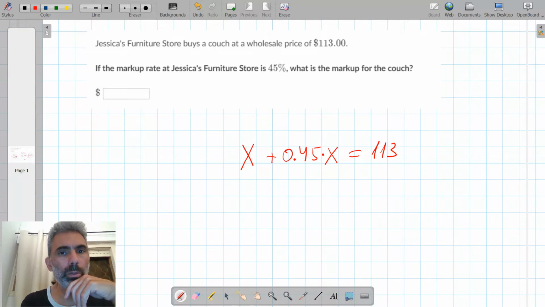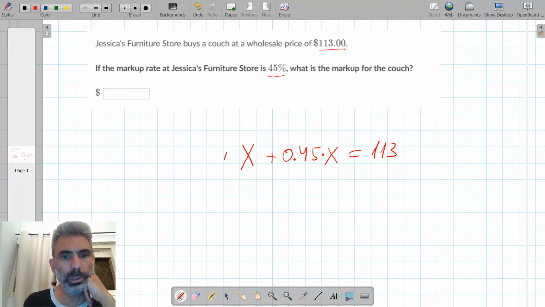And it's important to realize that we don't calculate 45% of the wholesale price of this price. We need to find out the original price and calculate 45% of this original price.